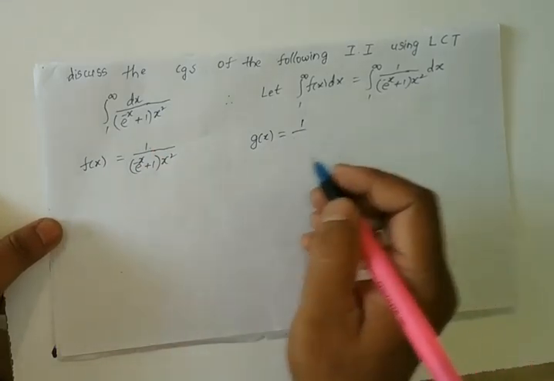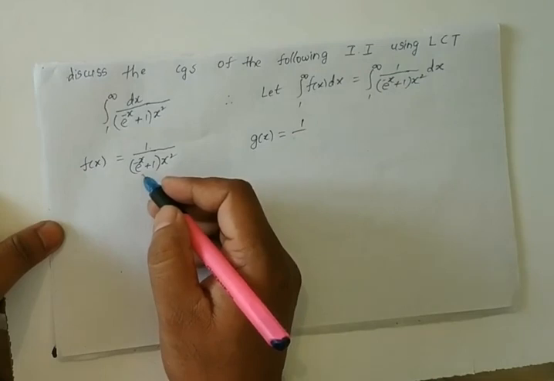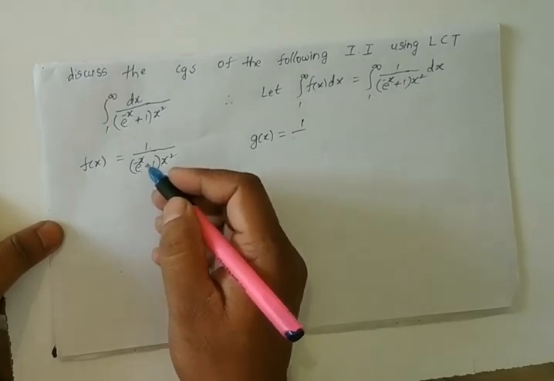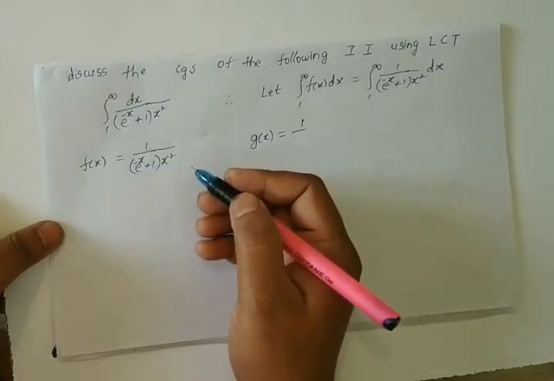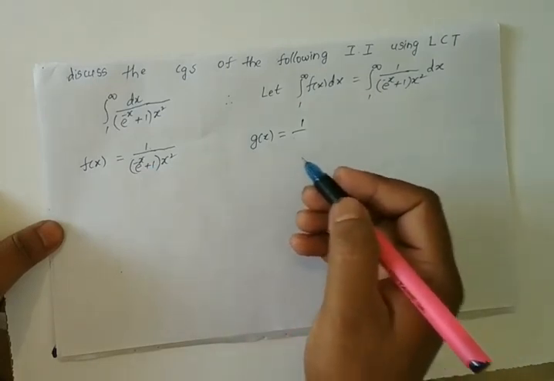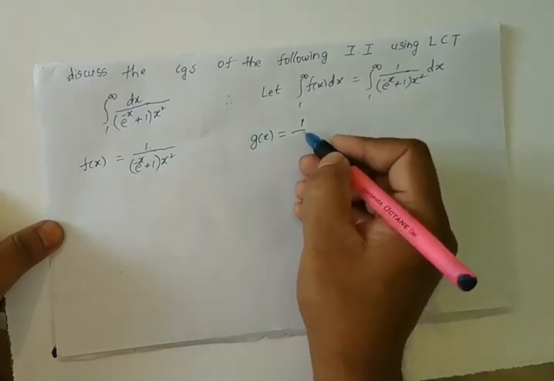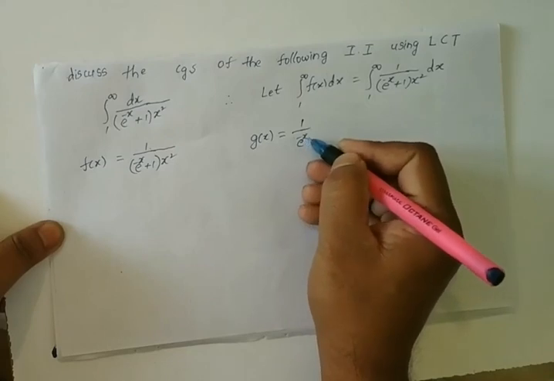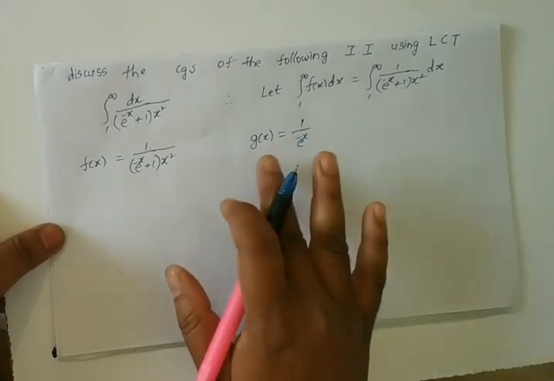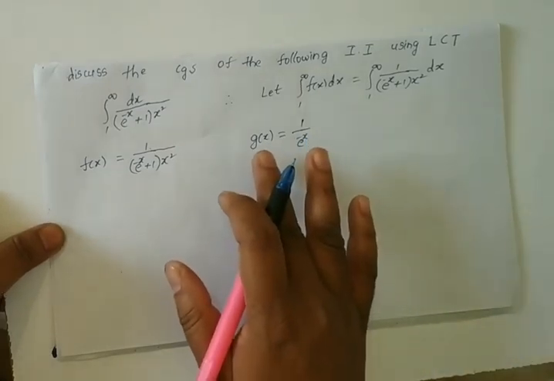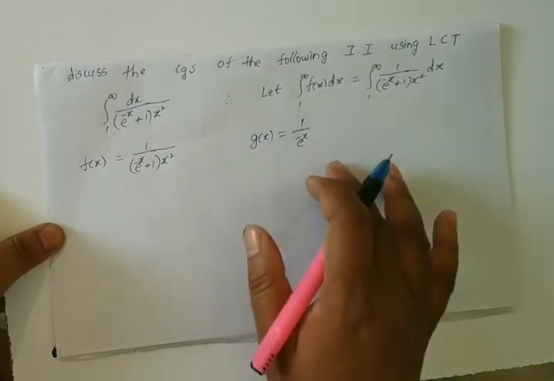Don't worry. In the denominator, we have two functions, e power minus x and x square. So first I am taking the function g of x as 1 by e power minus x.